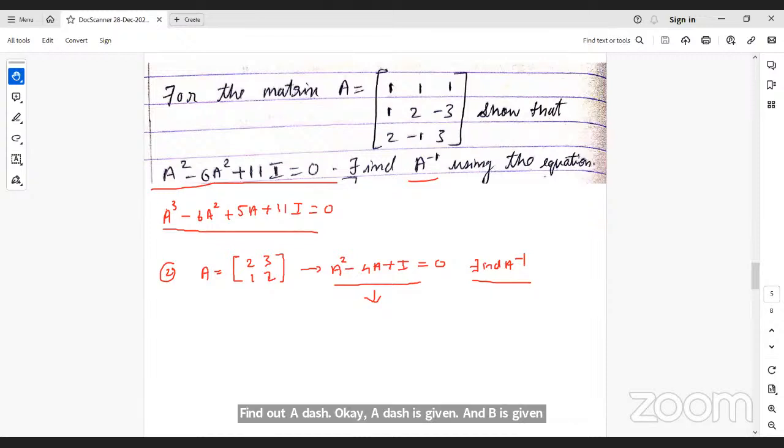In the LHS, they ask, A plus B whole dash is equal to A dash plus B dash. That is, transpose of A plus B is equal to A dash plus what? B dash. So, what doubt do you have here? Nikita, if you are present, what doubt is there? You can ask.